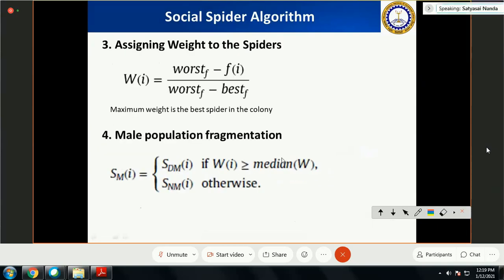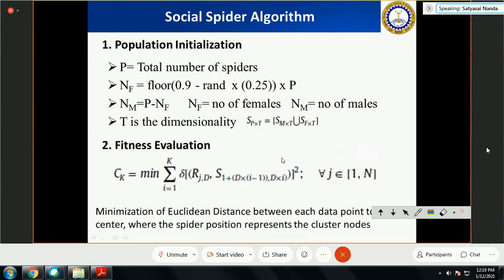Then we have to assign weight to the spider. Suppose 10 spiders have been considered, so for each spider we have to calculate how fit that particular spider is. This weight can be calculated by considering the fitness function. We have calculated the fitness evaluation for each particular spider.